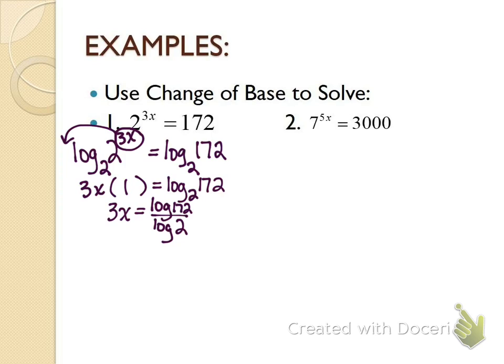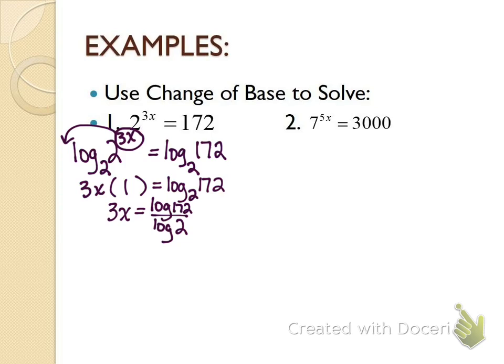Remember that from last week? Change of base. Then we grab our handy dandy scientific calculators and we can type in log 172, close the parentheses, divided by log 2, and we should be able to come up with a number.